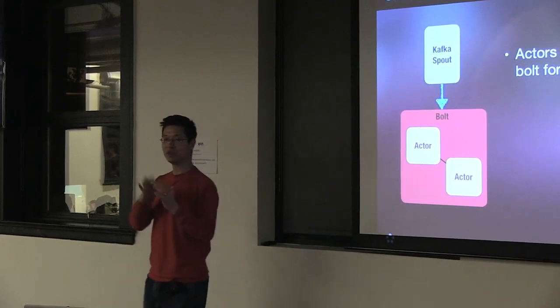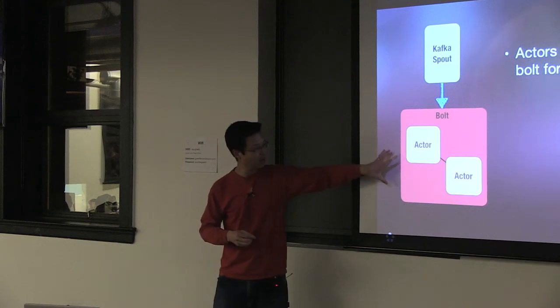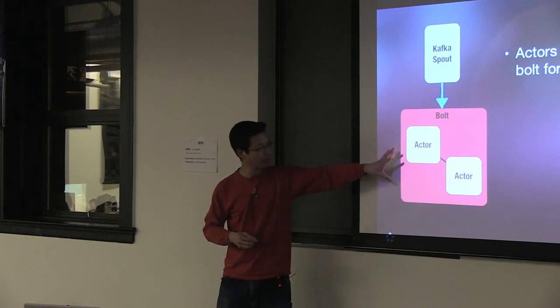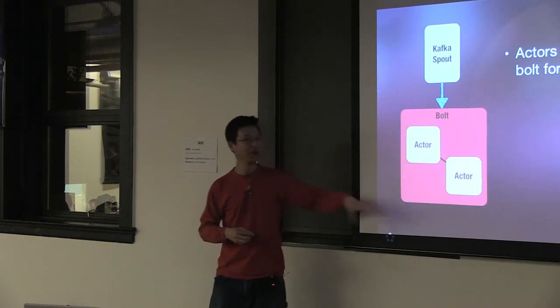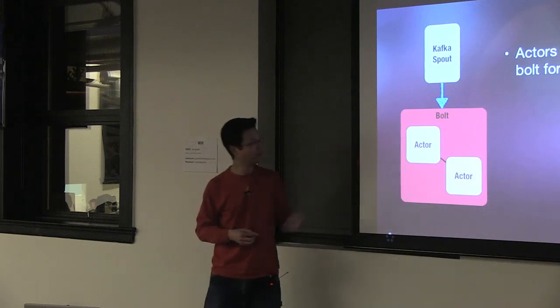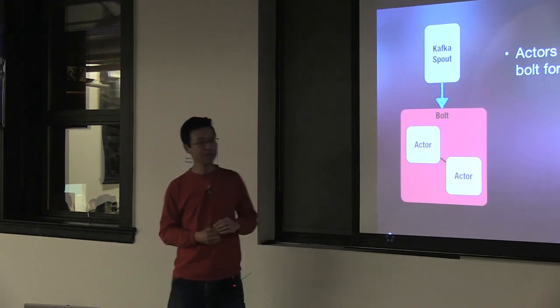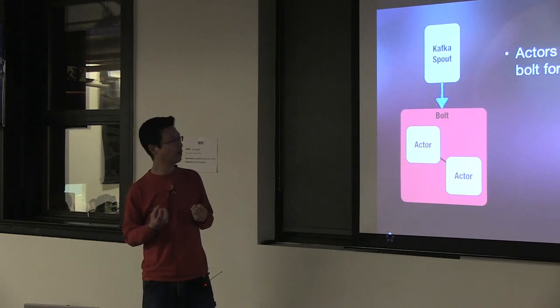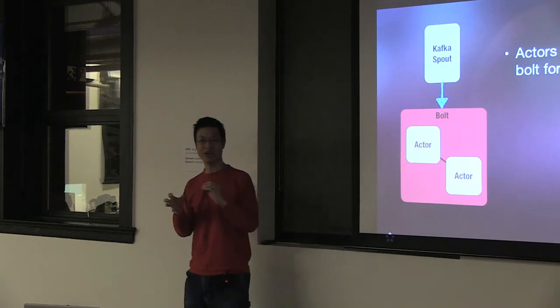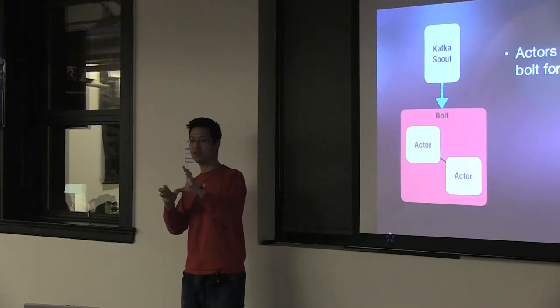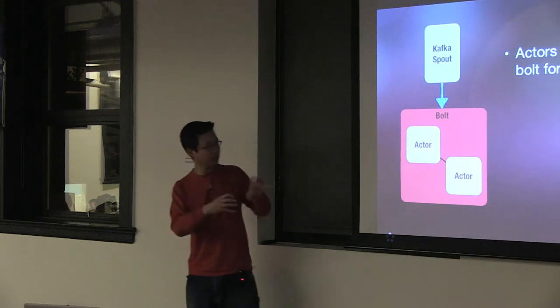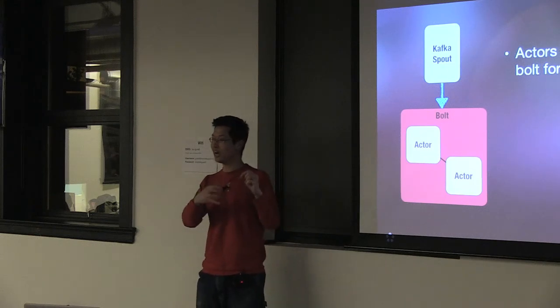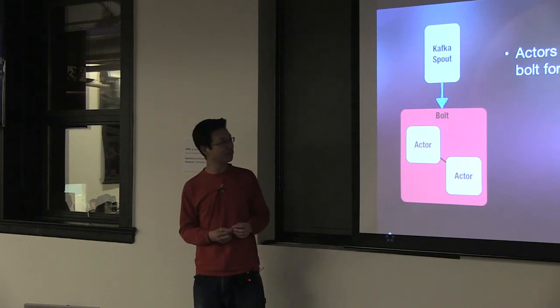So when something fails and one machine goes down, the whole bolt might go down and then come back up. For us, though, we wanted more granularity than just one machine. We wanted to have some concurrency within a bolt. So we used actors within Storm for that.